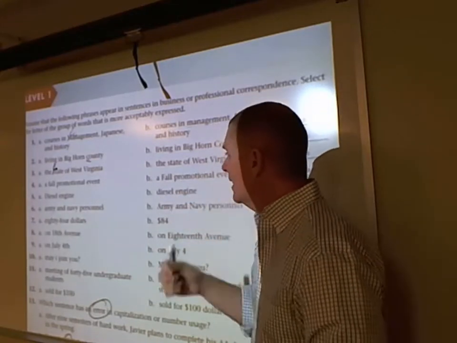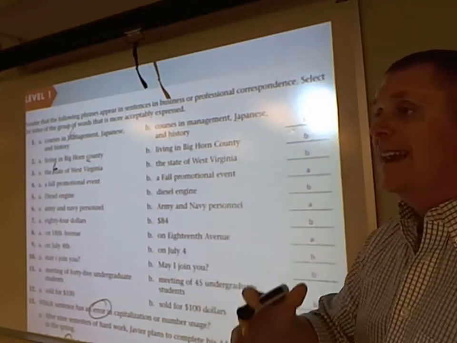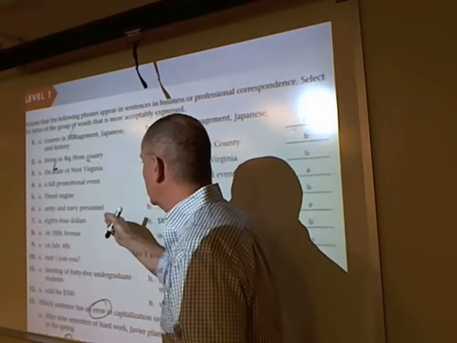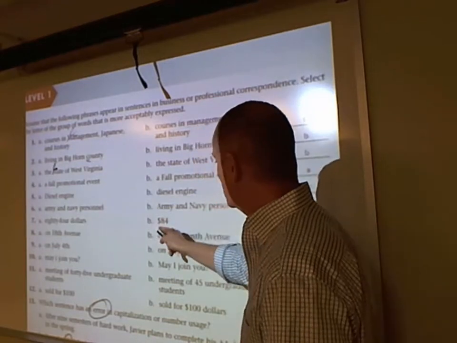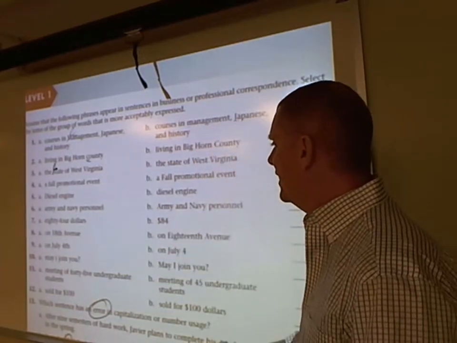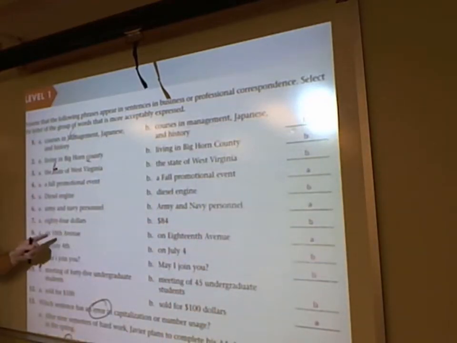Okay, number 6, Army and Navy personnel. When you're referring to the Army or the Navy, you do capitalize it, but whenever it's just written in correspondence as such, then it's letter A. Let's see, $84 should have a dollar sign with 84, which is letter B. And then on 18th Avenue, that's a number above 10, so that street address is correct, which is letter A. And then number 9, on July 4th, I wish they would have used the 5th, to tell you the truth, because July 4th is a holiday, but technically, based upon the rule, numbers that come after the month do not have ordinals next to them.